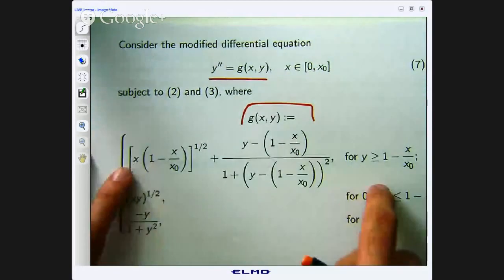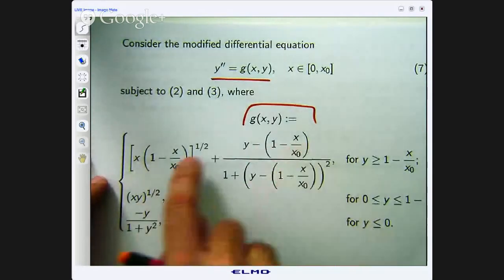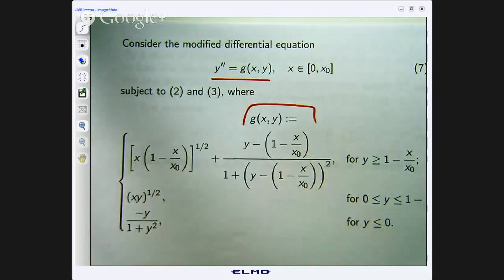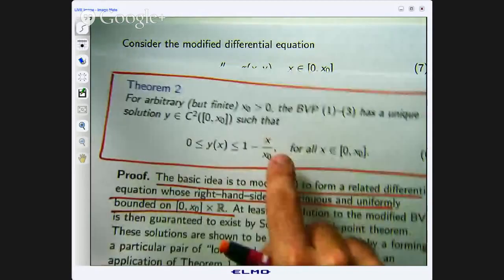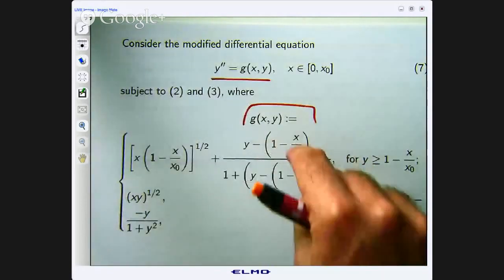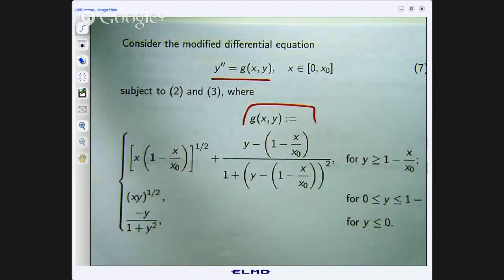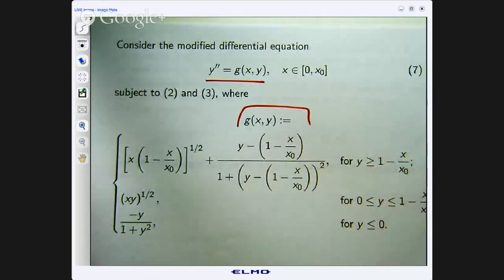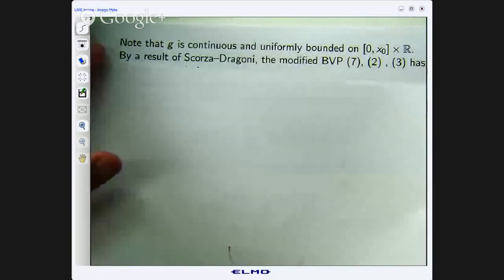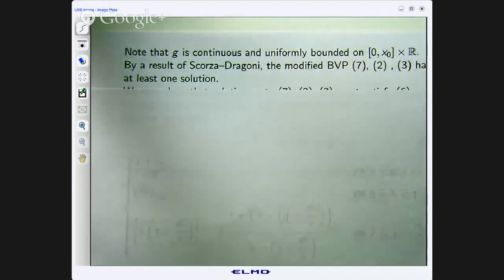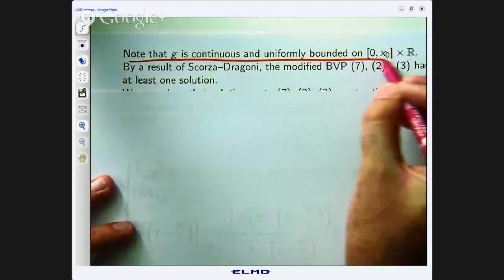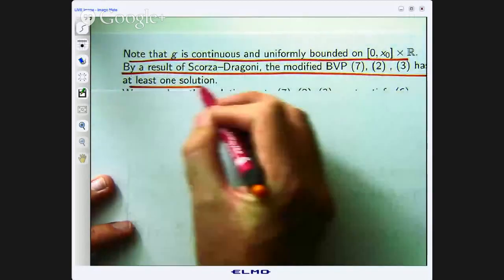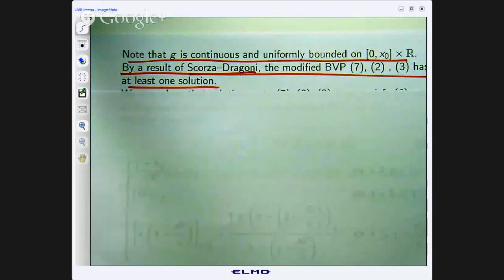You can see this is related back to here, so this appears here and here and here. So this function is continuous everywhere and it is uniformly bounded. And this is really important because this simple result of Scorza-Dragoni may be applied. Like I said, the full proof using Schauder's theorem is in the paper.